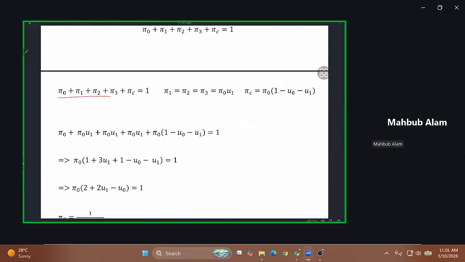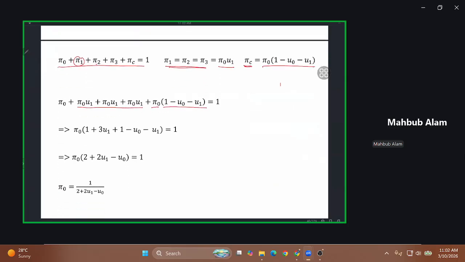We have this equation, the normalization equation. We know pi 1, pi 2, pi 3 are equal to pi naught u1, and pi c equal to this one. So once we have this one, what we can do, we can put the values of pi 1, pi 2, pi 3 from here, and all of these will be replaced by pi naught u1, and pi c will be replaced by pi naught times this.